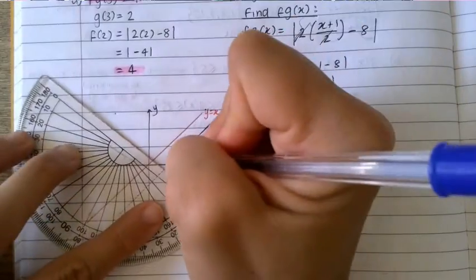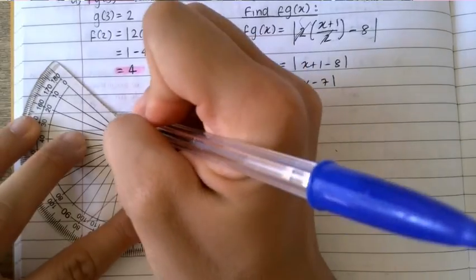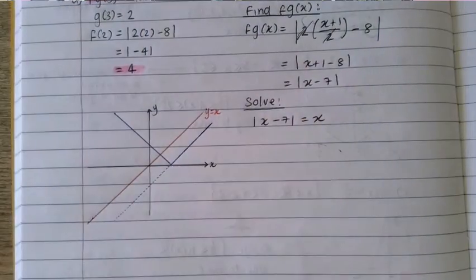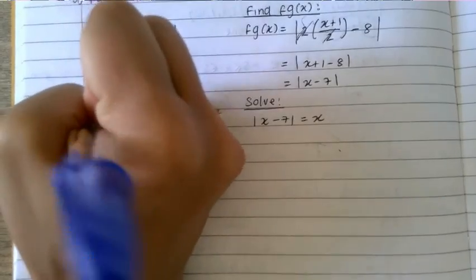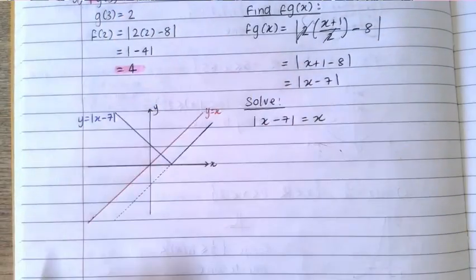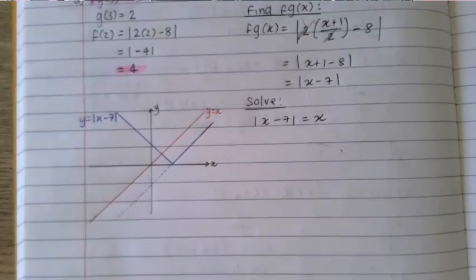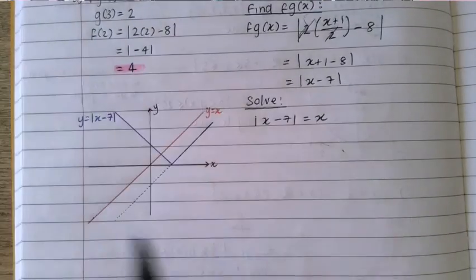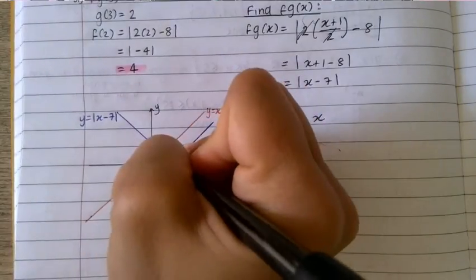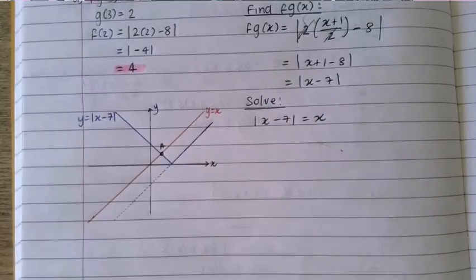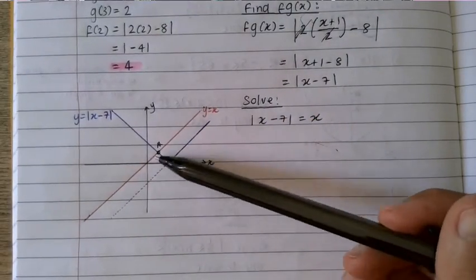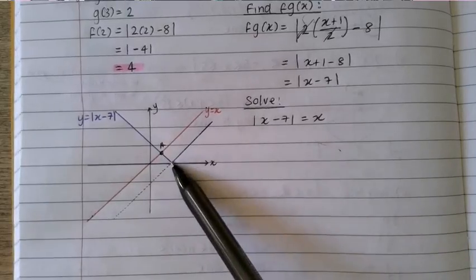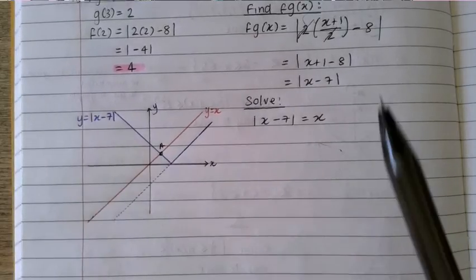So there we go, that's what that will look like. So we have y equals the modulus of x minus 7 here. And we can see that we only have one intersection point, which is there, and that is in the reflected part of the graph of y equals the modulus of x take away 7.